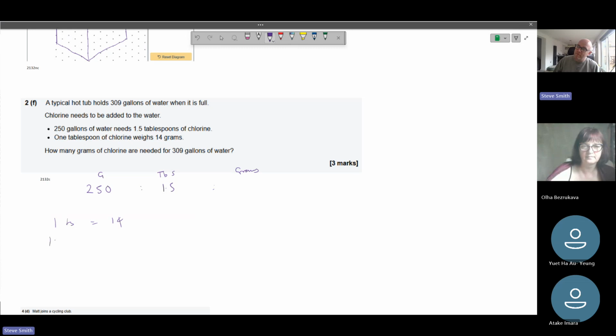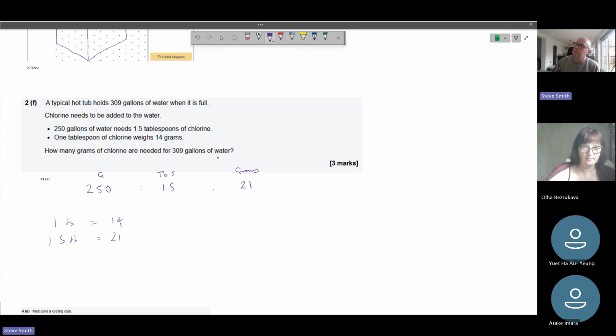So if 1.5 tablespoons, it's going to be half as much again. So times 14 by 1.5, and we're going to get 21. So we can see that 250 gallons requires 21 grams of chlorine.